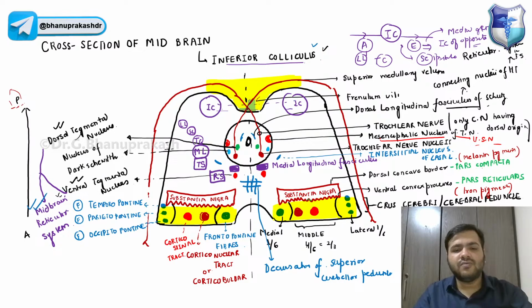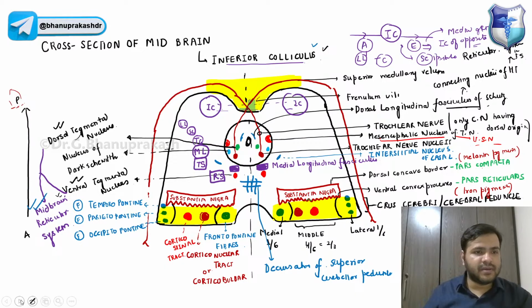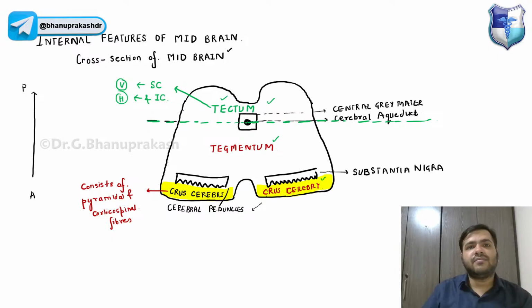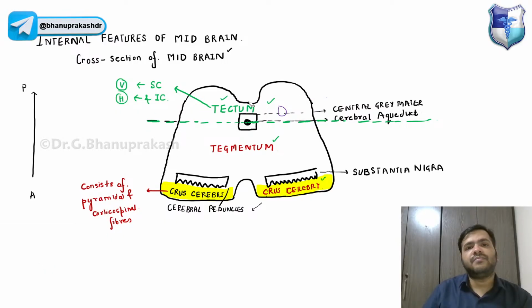Now, guys, coming on to the next one, that is the cross section of the midbrain at the level of the superior colliculus. We have seen the inferior colliculus. Now we are going to see the cross section of the midbrain at the level of the superior colliculus.